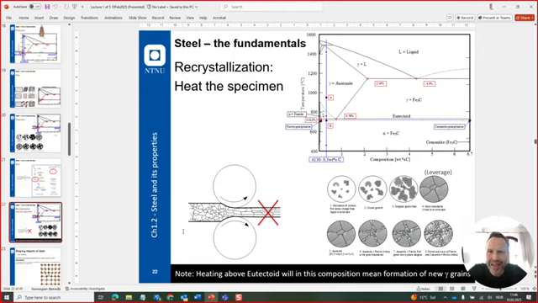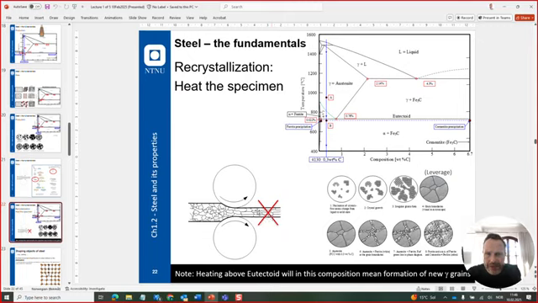So what do we do? We just said that even at room temperature, things are going on inside a physical piece of steel. We heat it. We put it up from room temperature to these temperatures, and an accelerated process goes on inside. And all these oriented, big, elongated grains start to recrystallize.